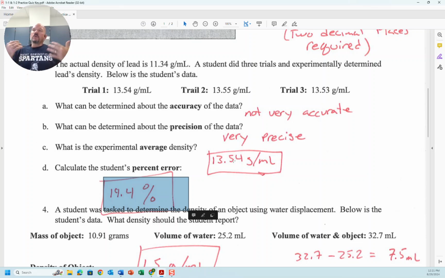So you could do experimental minus true or true minus experimental. You're taking the absolute value, so it doesn't matter which one. You just have to remember you divide by the true value. So you're dividing by this. So it's going to be 13.54 minus 11.34, and then whatever that difference is, divide it by 11.34, and then multiply it by 100, and that gives us our percent error.